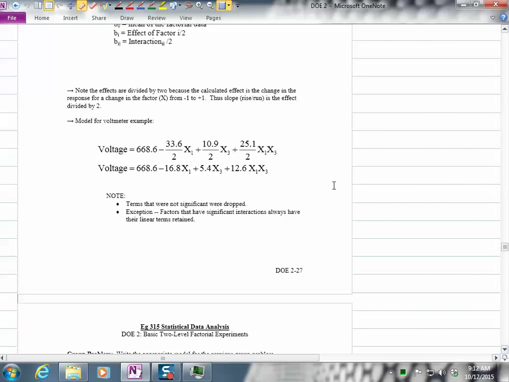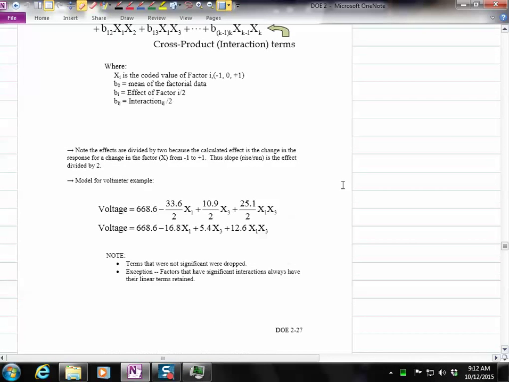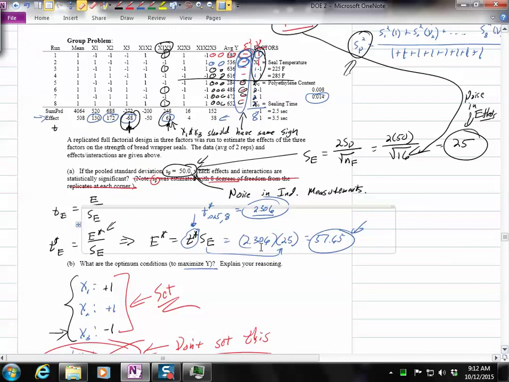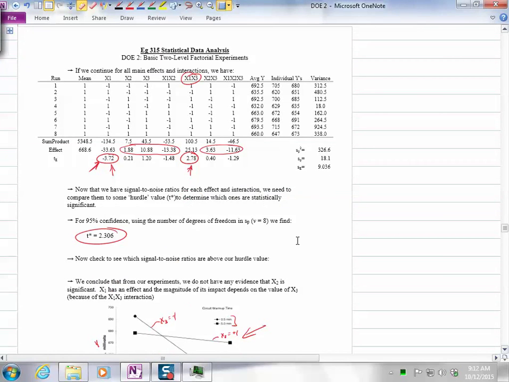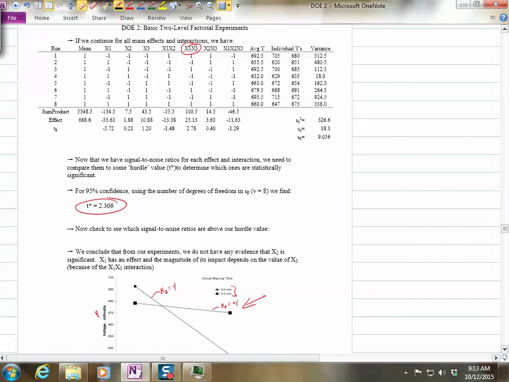So now, if we think about the voltage example, that's where this is getting at. Let's look at another one, how we would get a model from data. So if we remember that voltage example, let's go back to it. Here's a voltage example. When we looked at this, we found X1 was significant, right?